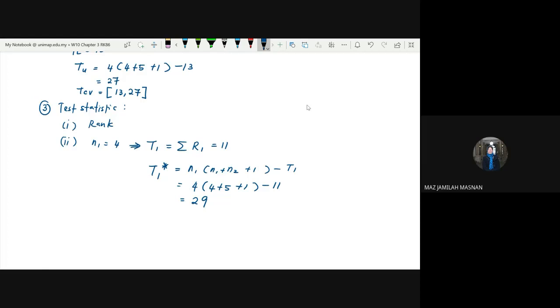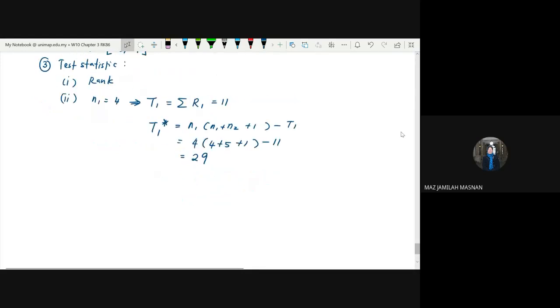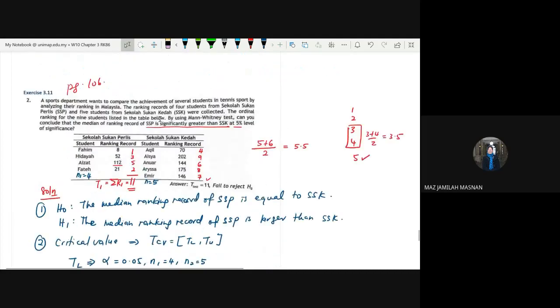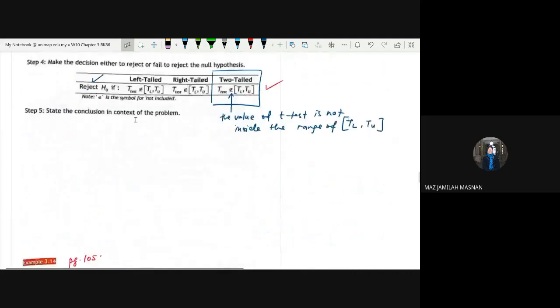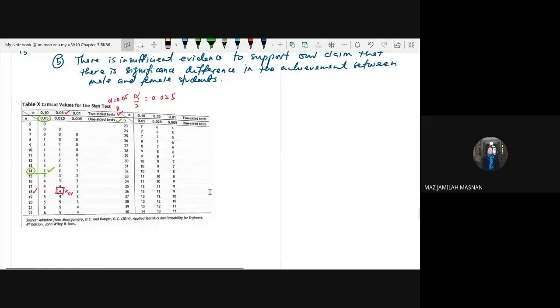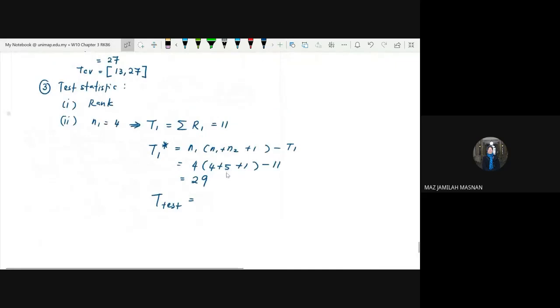So for your test statistic, you just put t-test. The t-test is equal to, we are dealing with a right tail test. So look again at how to find the test statistic for a right tail test. You are going to use this one. T test is equal to T1 star, that is equal to 29.